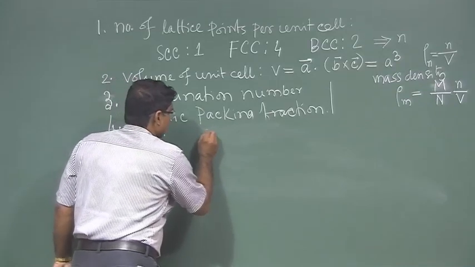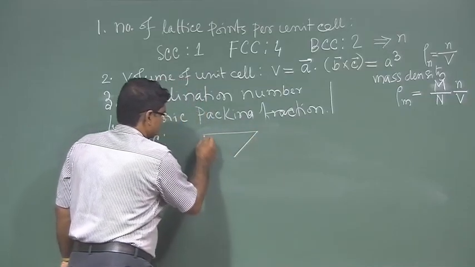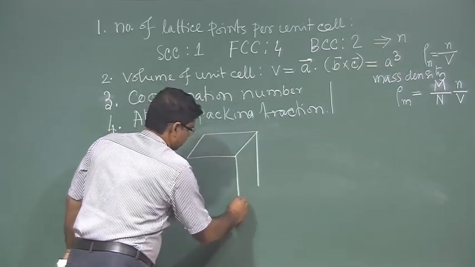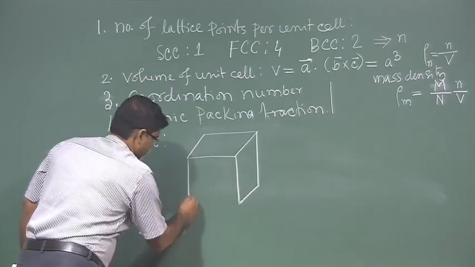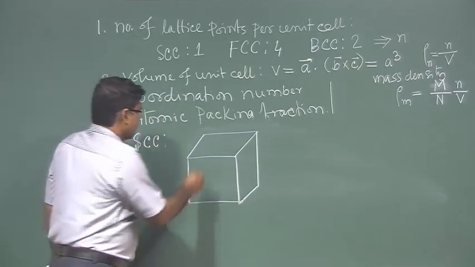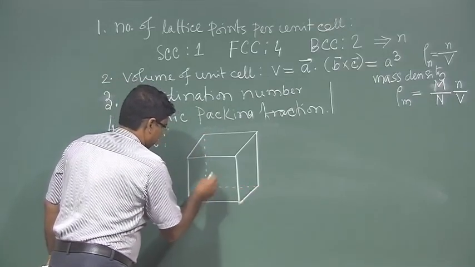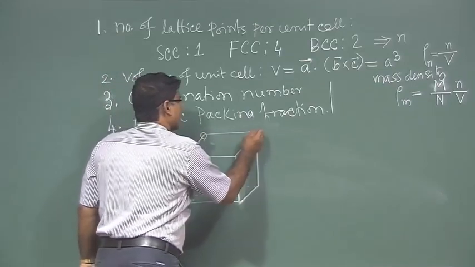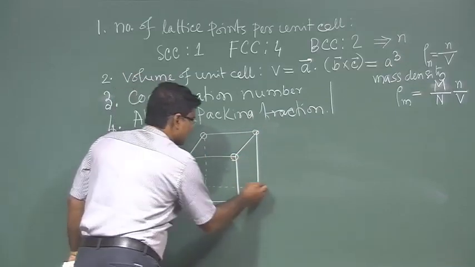So, simple cubic has 8 corners, and in each corner these atoms are there.